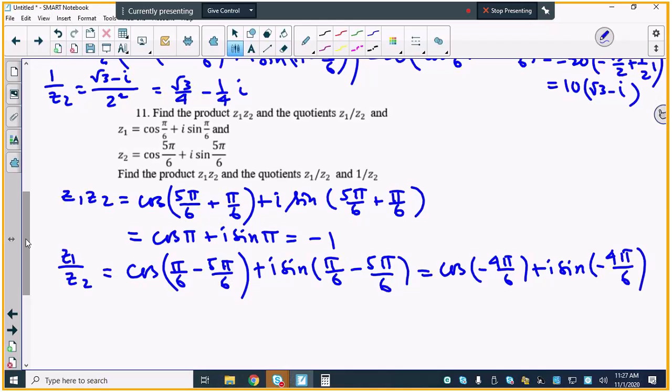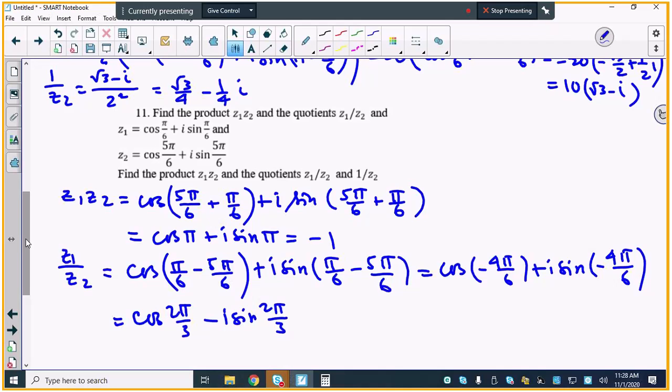Now 4 pi over 6 is 2 pi over 3. 2 pi over 3 is in the second quadrant. The reference angle is pi over 6. I'm so sorry, reference angle is pi over 3. So let's first use the evenness and call it cosine 2 pi over 3 and minus i sine 2 pi over 3.